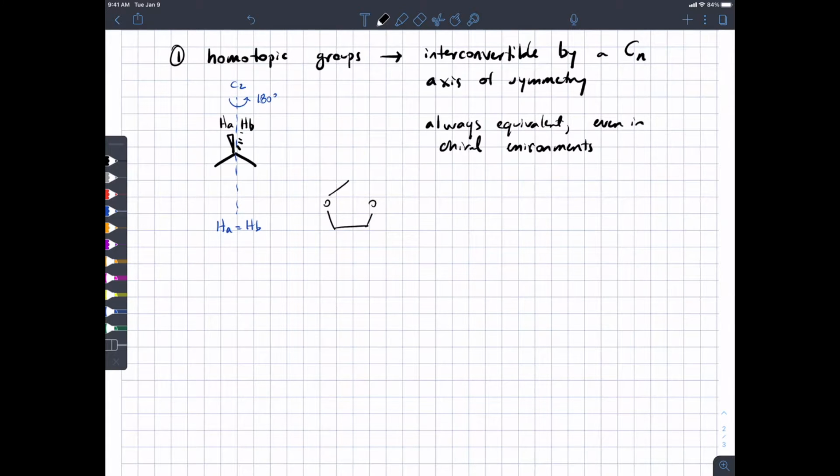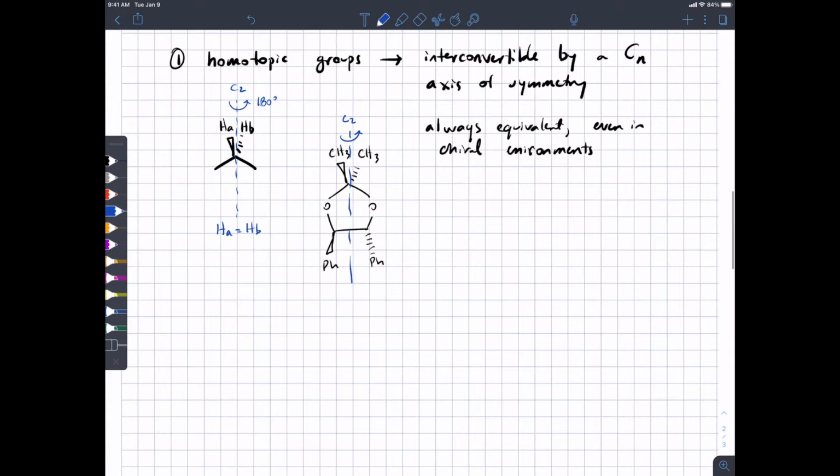So this acetal, you've got two different methyl groups and two phenyl groups. The axis of symmetry is again in the plane of the page. That means that these two phenyl groups are equivalent to each other, and these two methyl groups are equivalent to each other always and forever, even in chiral environments.